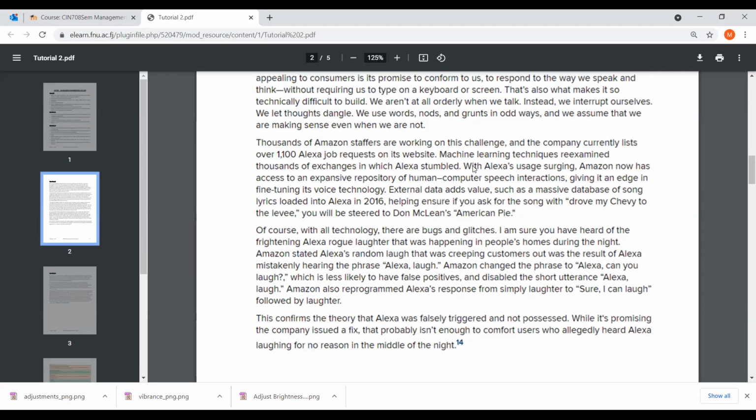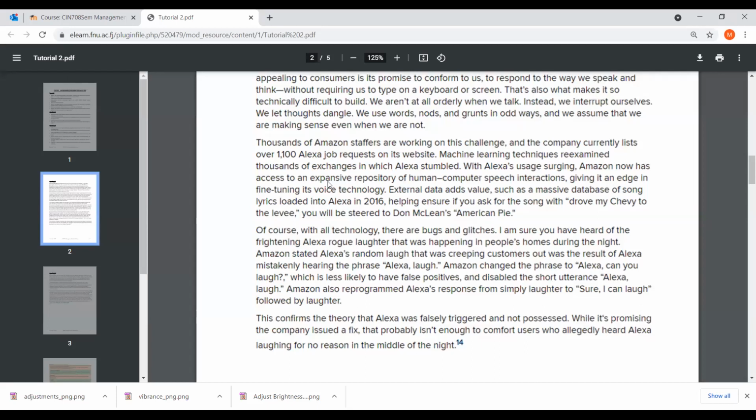Since Alexa's usage, the machine was used to an extent, so Amazon went around creating an expansive repository. Now the word expansive here is spelled with an A, because if it was expensive, it would mean costly. This expansive means something is large. So they created a large repository. The simple term for the word repository is data.